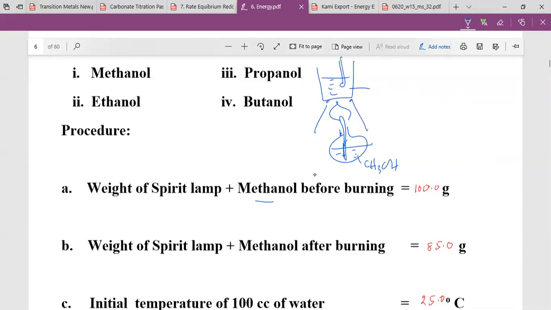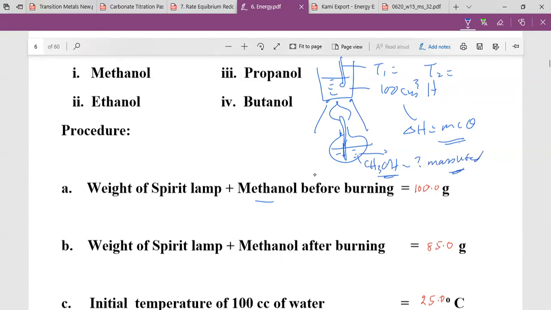The mass of water is here, 100 cm cube of water, with the temperature before and the temperature after. So from here you calculate the heat change, mc theta. In fact, after you burn, you weigh again to see how much mass is used up.